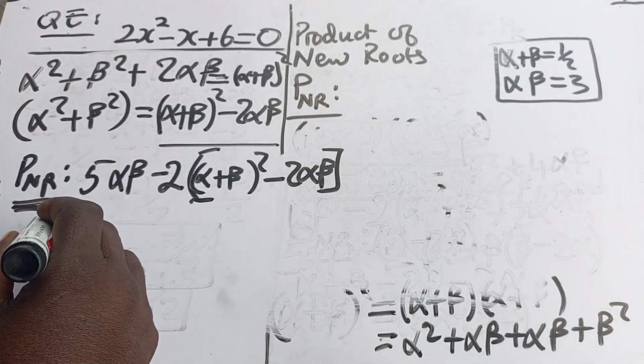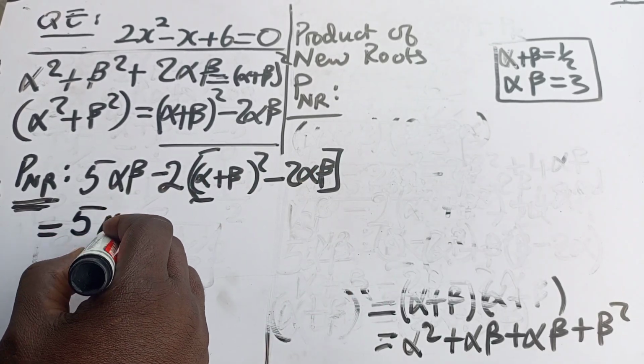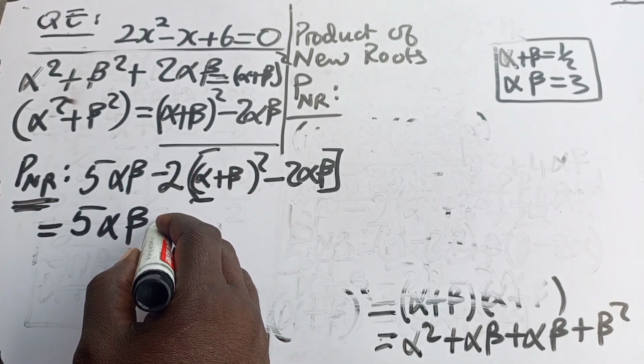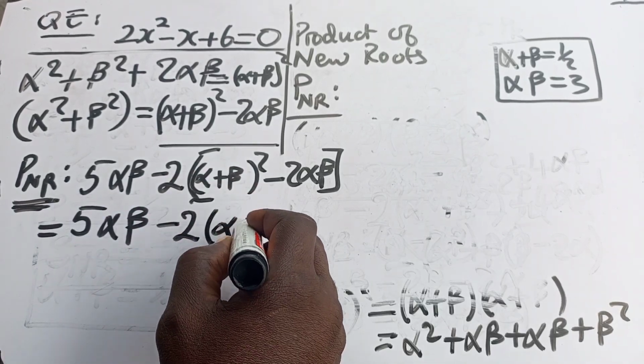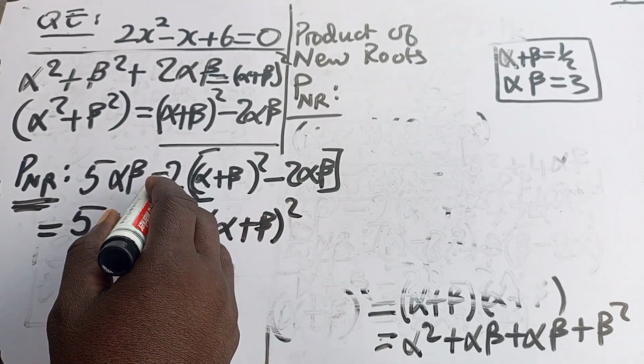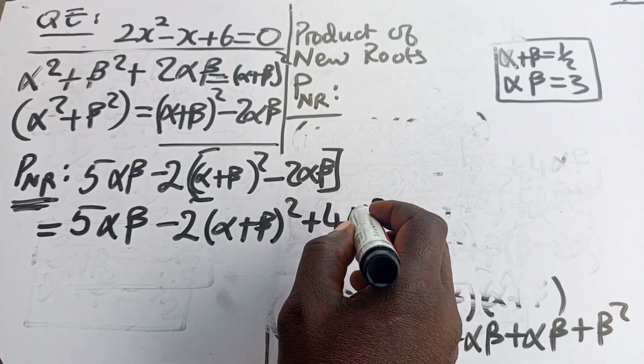so this gives us, we open this parenthesis, 5 alpha beta. All right, negative 2 multiplied to all of that is negative 2 alpha plus beta squared, all squared. Negative 2 multiplied to negative 2 gives us positive 4 alpha beta.